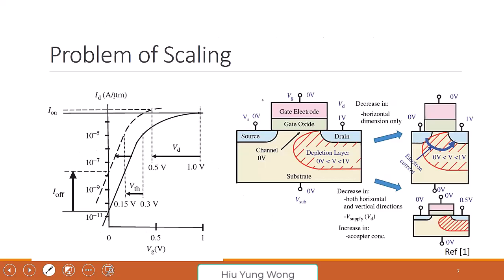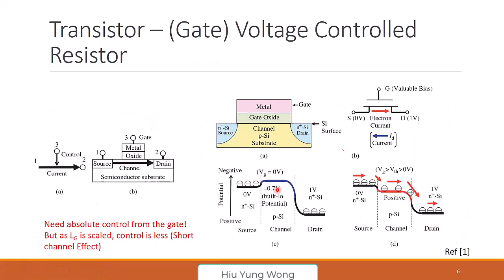Now what happens if we try to do the scaling? The drain is going to have some control over our gate, because when you have a very short channel, you see that I parallelly shift this one to here. I shift it parallelly.